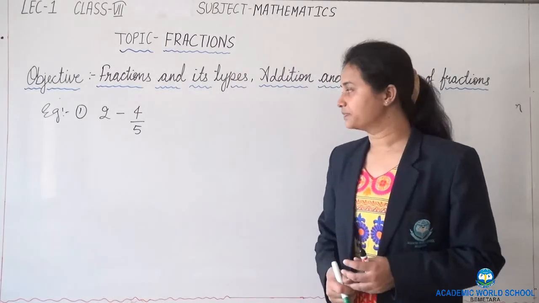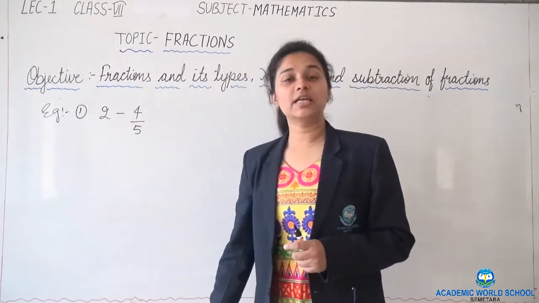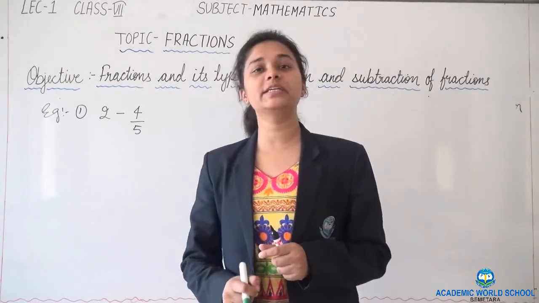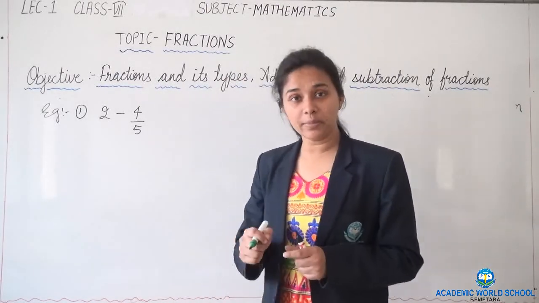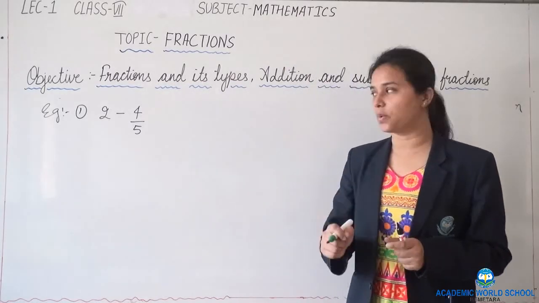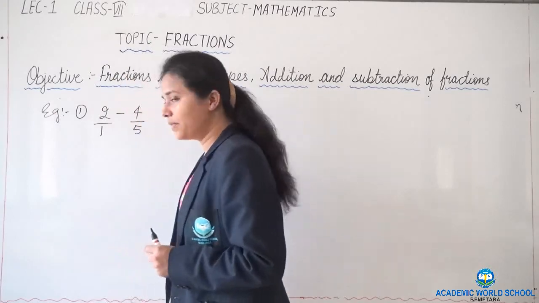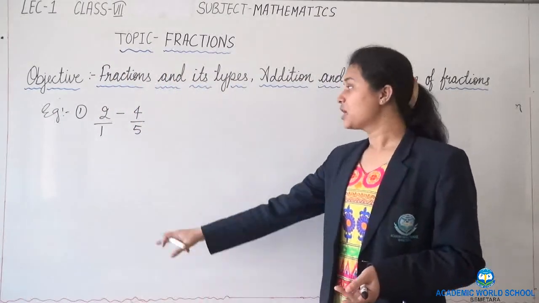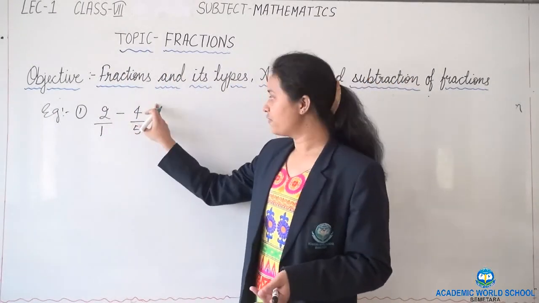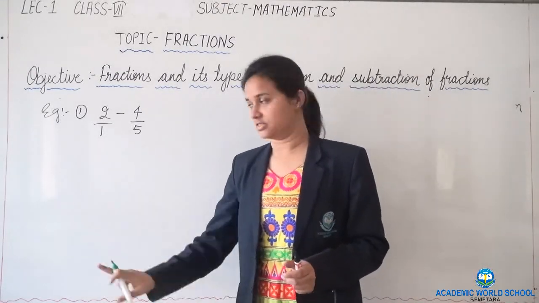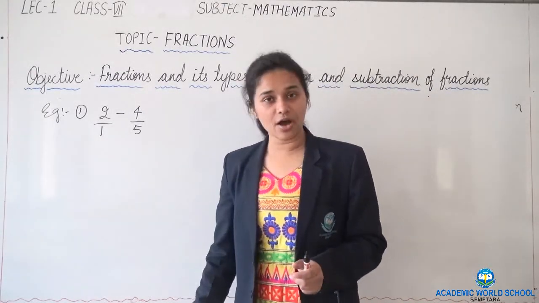Now, if you see, 2 does not have any denominator. As 2 does not have any denominator, it means that the denominator of 2 here is 1. Now we got two fractions. What are they? 2 upon 1 and 4 upon 5. Both are unlike fractions. Denominators are not the same.